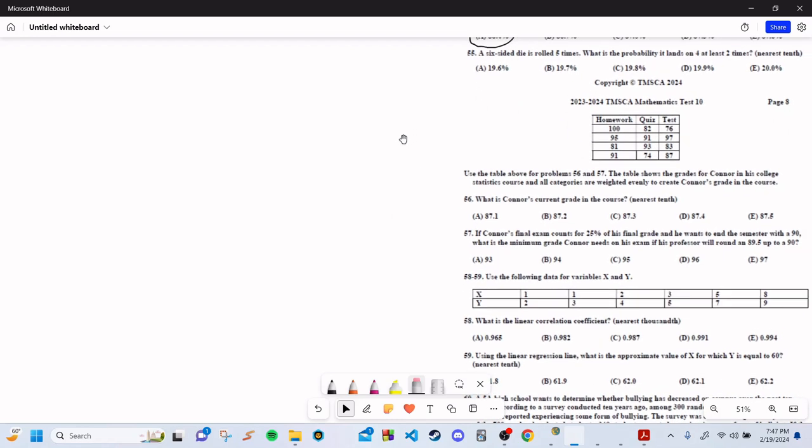But moving on to question 55. A 6-sided die is rolled 5 times. What's the probability it lands on a 4 at least 2 times? So we've got a die.